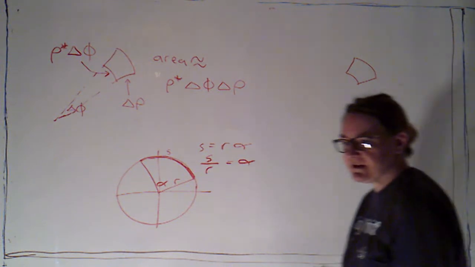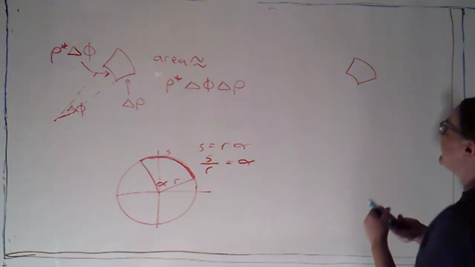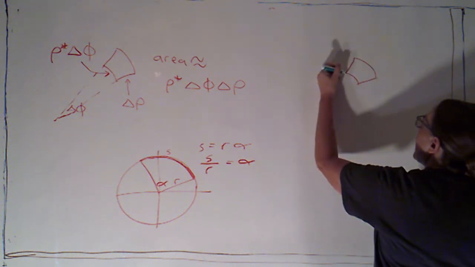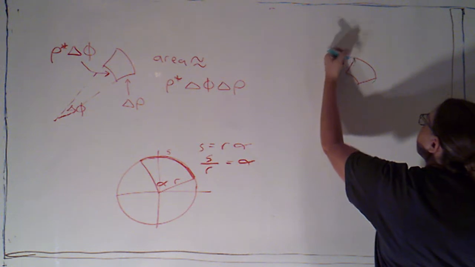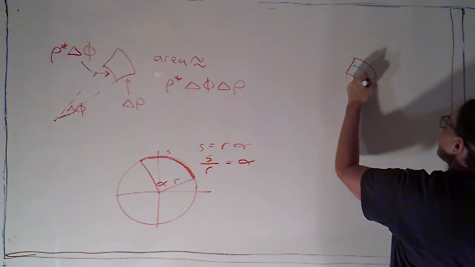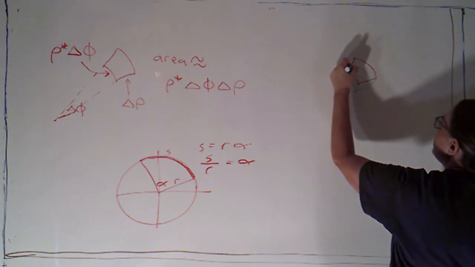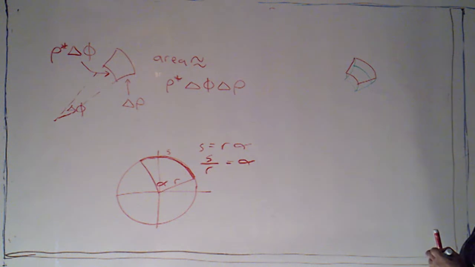So I've got this sort of shape, and I'm going to allow theta to vary. So I'm sort of rotating this to change my theta, and so I'm getting something that looks something like this. That's sort of the shape of one of these spherical wedges that we would have.